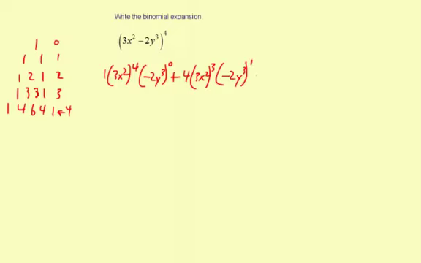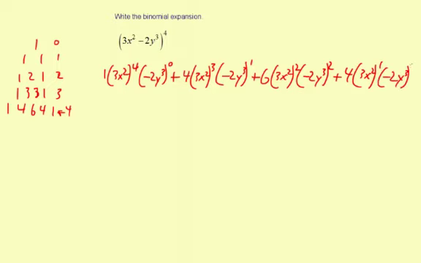to the first power, then plus, and here's where the 6 goes, and then it'll be 3x squared to the second power, and then times negative 2y to the third to the second power, plus 4 times 3x squared to the first power times negative 2y to the third power.